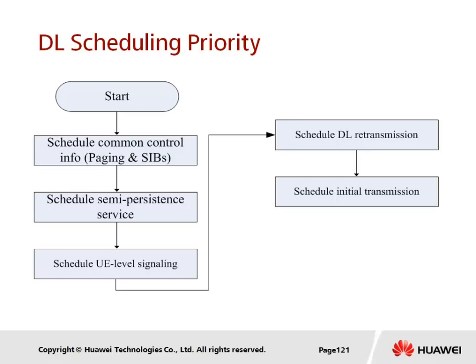So we can see that common control information are with the highest priority, and new traffic is with the lowest priority as compared to retransmission. So retransmission data is having higher priority than new data.